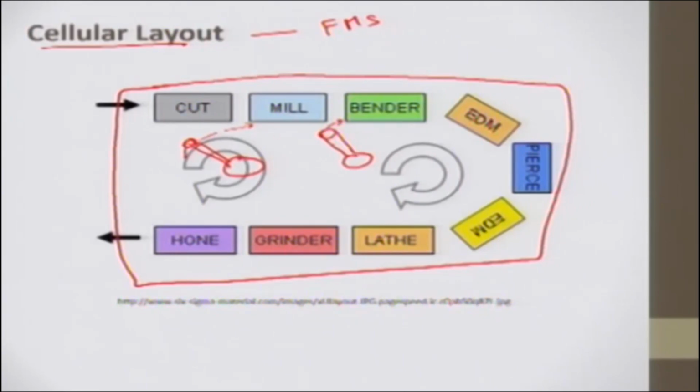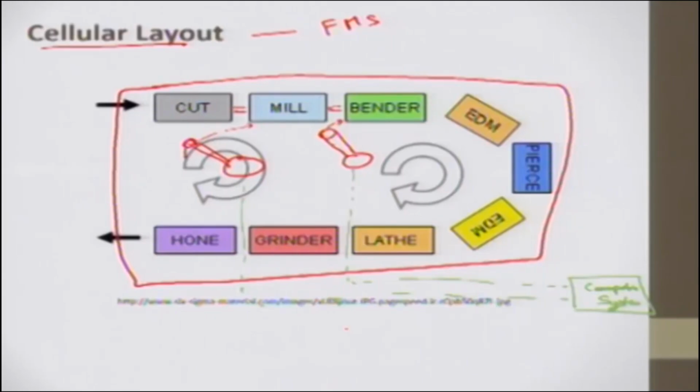This may be a robot, or this may be a conveyor belt in between, and these are all controlled by a computer system. It has a connection with the computer system. This is a flexible manufacturing system.